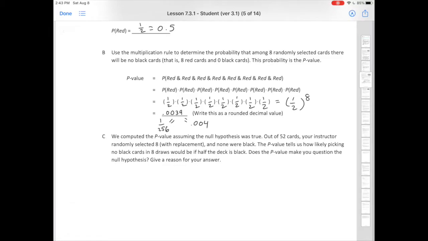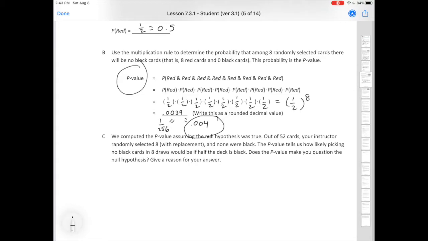So we computed the p-value assuming, oh, by the way, what we just found is the p-value, right? This probability is the p-value. So I want to make sure we all understand that this is that calculation. We computed the p-value assuming the null hypothesis was true.